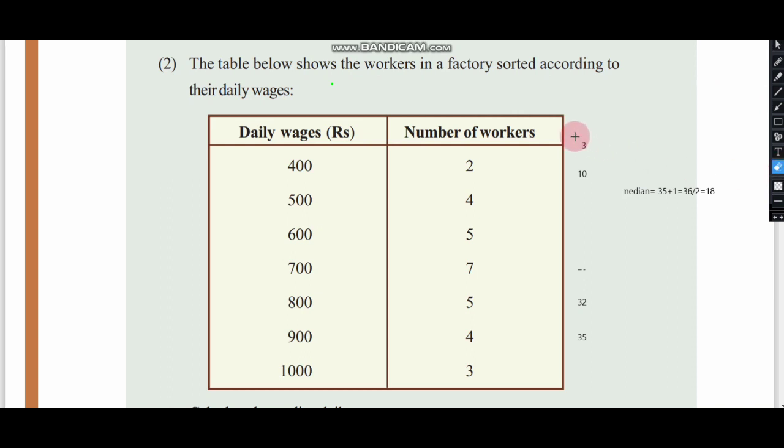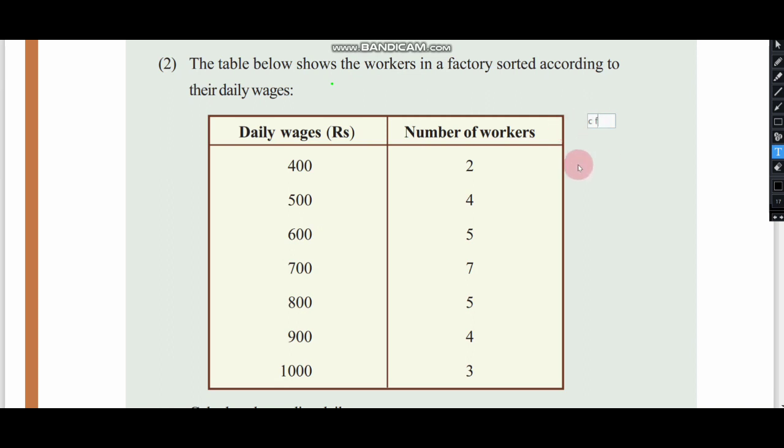As we did in the first problem, first we are going to find out the cumulative frequency table.